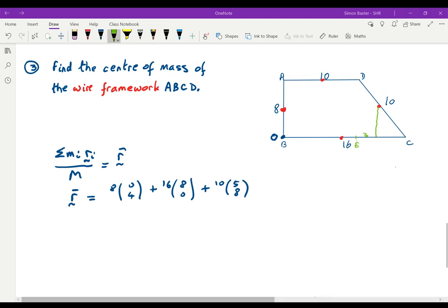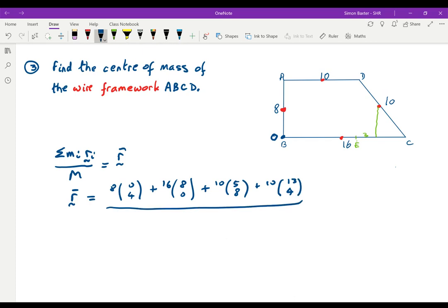So that is a mass of 10 at the point where x is 13 and y is 4. Now we divide by the total mass, and that is 8 plus 16 plus 10 plus 10.